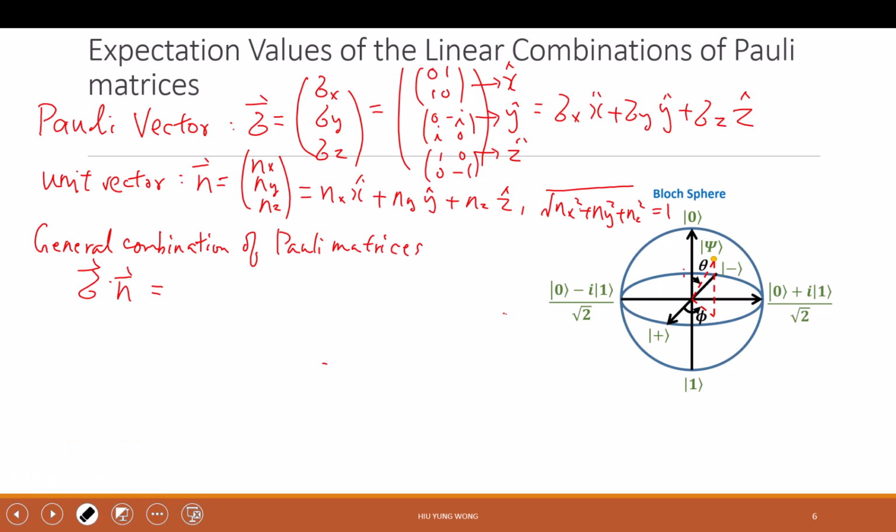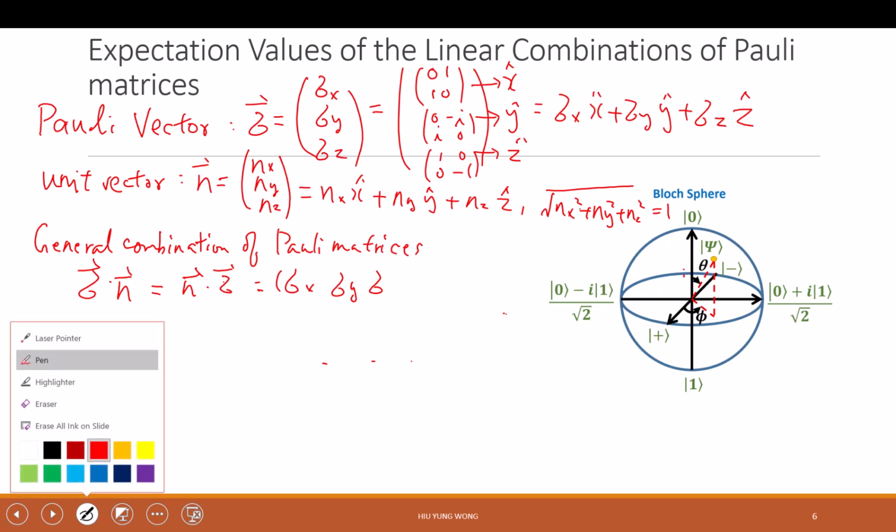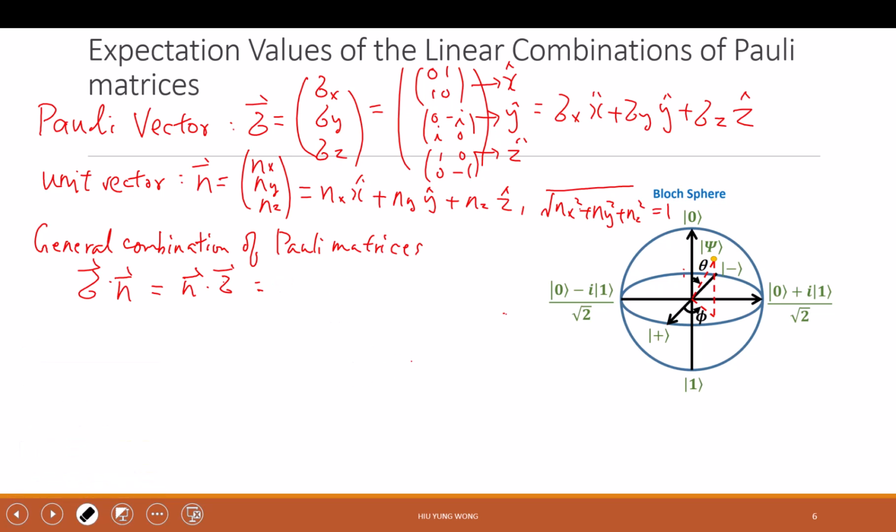So this is going to be nx, ny, nz times sigma x, sigma y, sigma z.